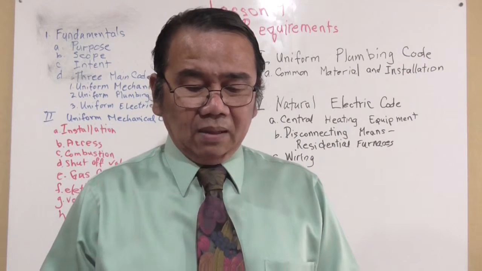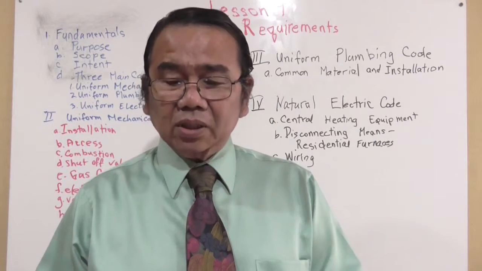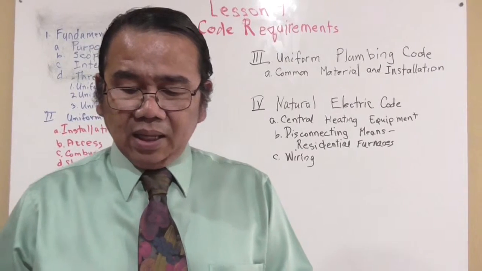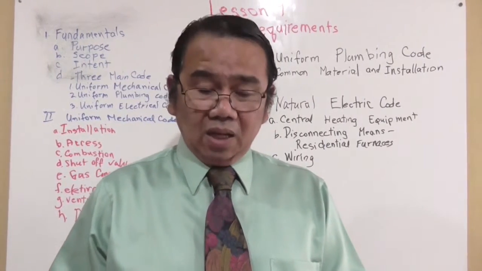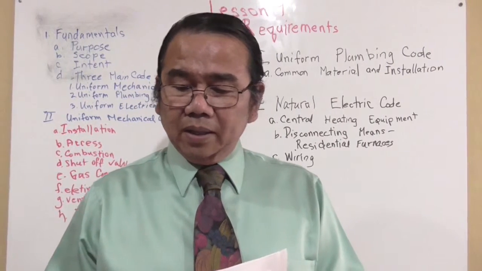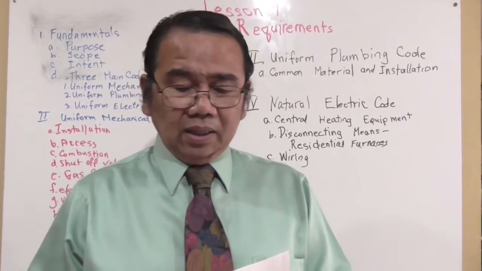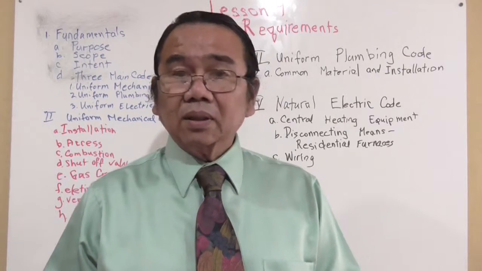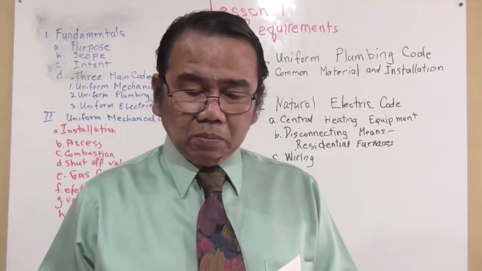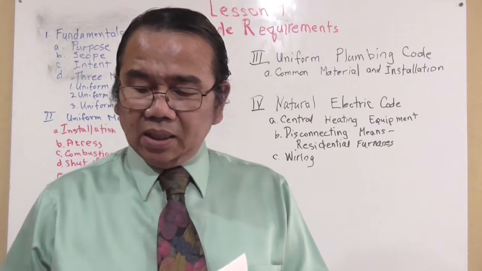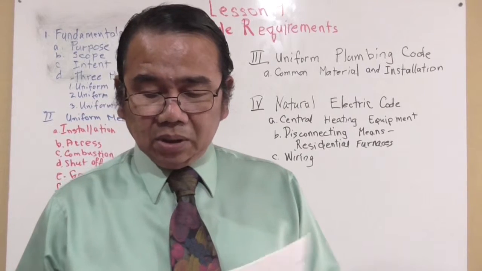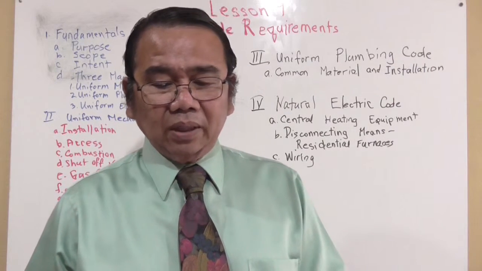Okay, now we're going to talk about the electrical code. Central heating equipment shall have a dedicated circuit. Pumps, humidifier, electronic air cleaner, et cetera, excepted. Branch circuit protection shall be sized per manufacturer recommendation, minimum 15 amp breaker.